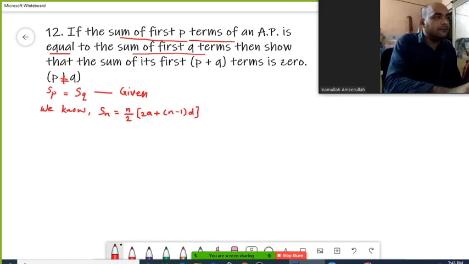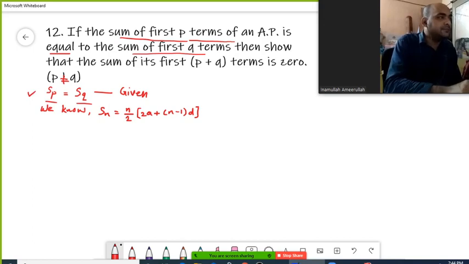This is our formula for the sum of first n terms. The same formula we can use here for SP and SQ. Instead of n, we are going to take p and q respectively. So as per this given condition, this formula can be substituted over there.